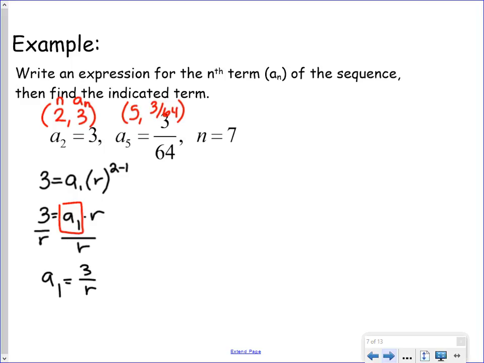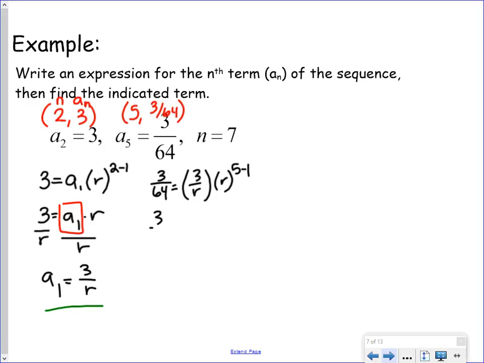Now, again, not very helpful, but what I could do with that is take my second point, a sub 5 equals 3 over 64, plug 3 over 64 in for a sub n. My a sub 1 that I just found, 3 divided by r, I can plug in for my a sub 1. And then that's going to be multiplied by r raised to the n minus 1, which would be 5 minus 1.